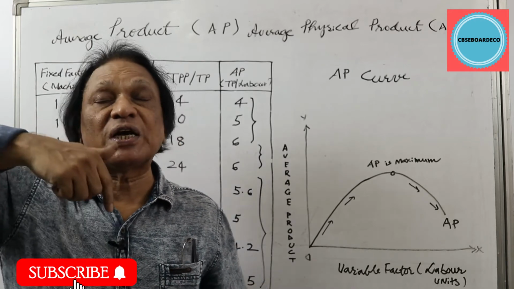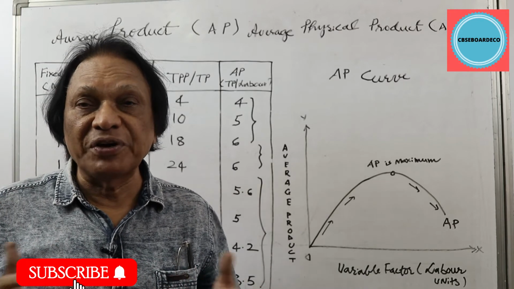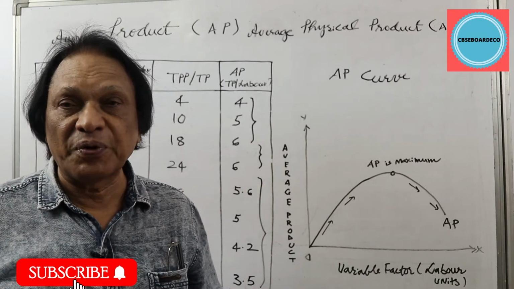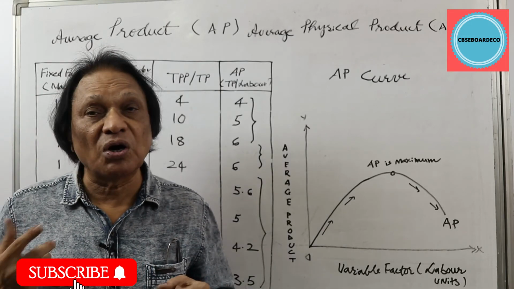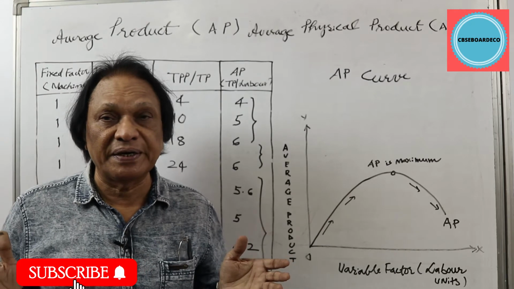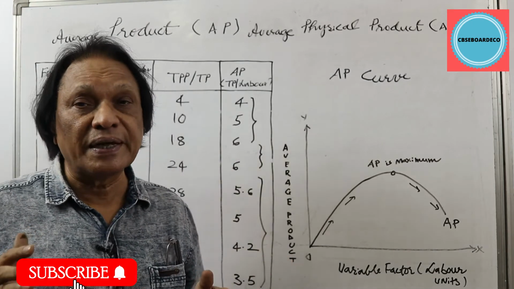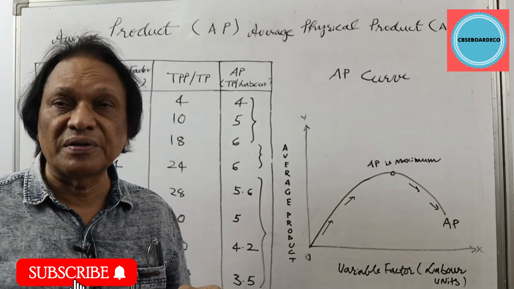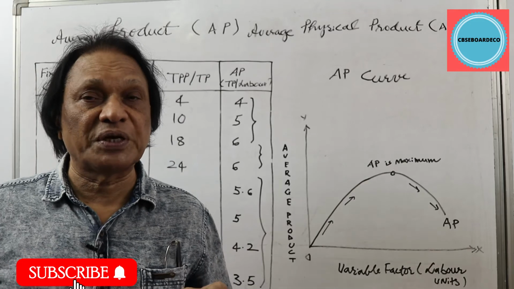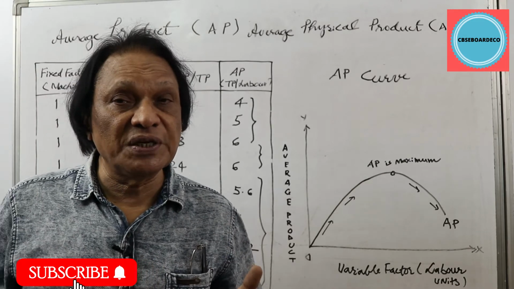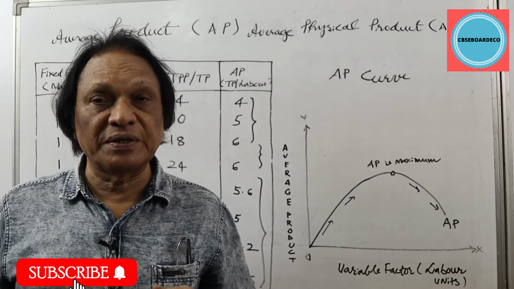In the production chapter, we will be talking about total product, average product, and marginal product. Remember, we are talking about the short period, the short run. In the short run, the firm cannot increase its fixed factors of production, such as machines, building, structures, top management.